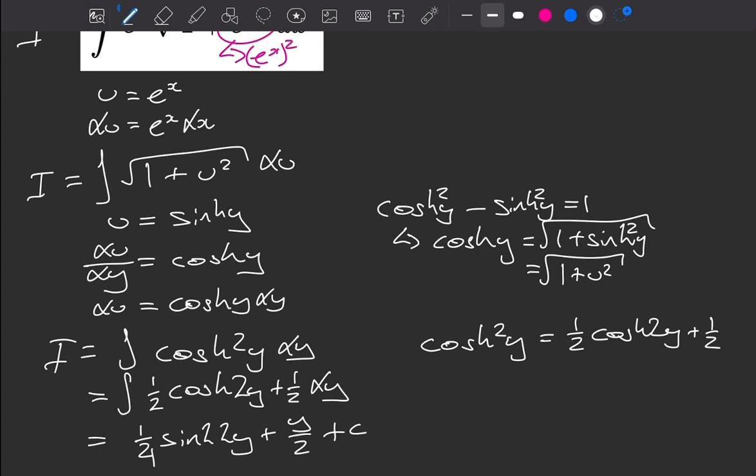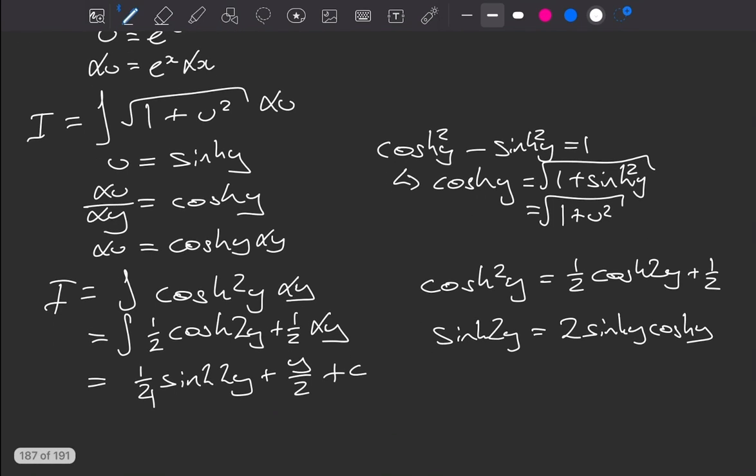Using another double angle then, we have that sinh of 2y, in a similar way to sine, is 2 sinh y cosh y. So sticking that all together, we've got a quarter times 2, so just a half, of sinh y cosh y plus y on 2, which we'll leave for a second, and now we'll replace all the y's.